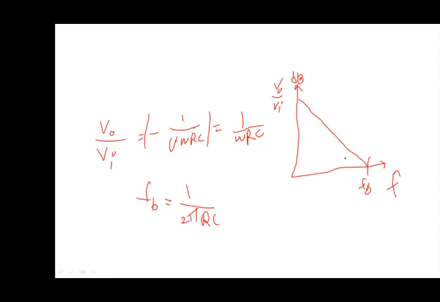For maintaining this gain, we are going to produce a compensating network for this integrator just by placing a resistor. As we know, this is the op amp.